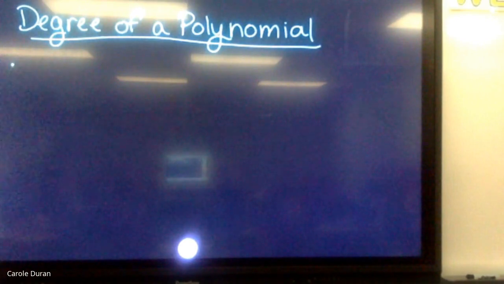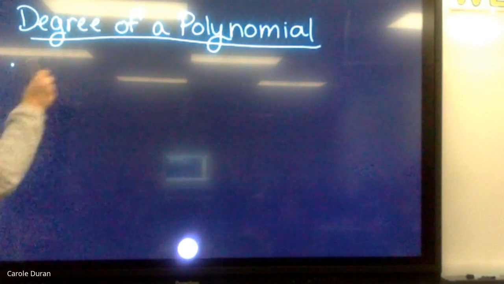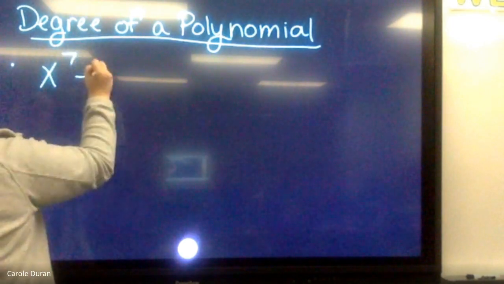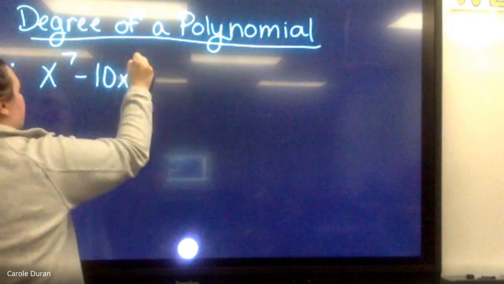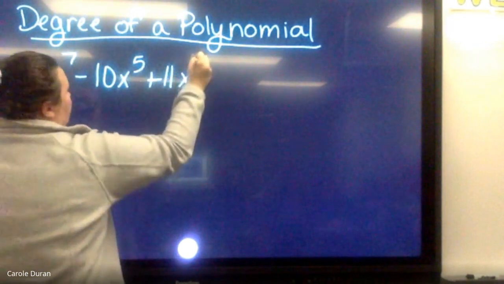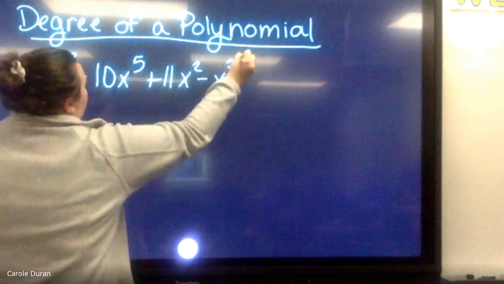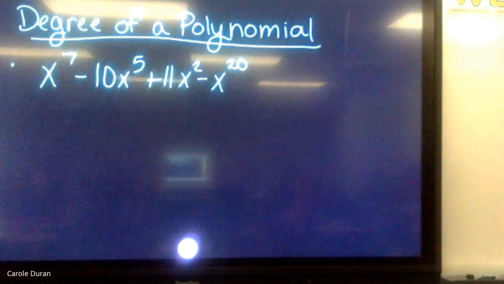When I'm talking about the degree of a polynomial, I'm talking about the term with the highest exponent value. If I have something like x to the 7th minus 10x to the 5th plus 11x squared minus, I don't know, x to the 20th, what's the highest exponent present in this problem? 20. So this would be a degree 20 polynomial.